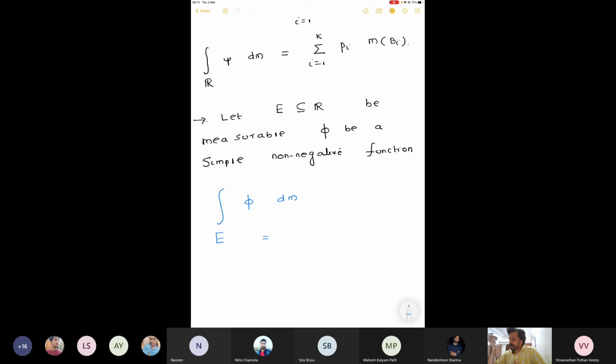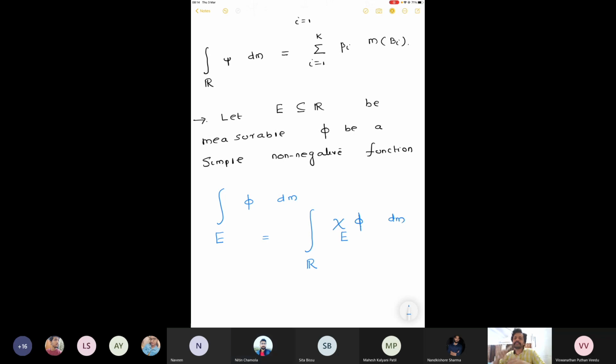To make this process simpler, instead of integrating phi, you can integrate the characteristic function on E times phi on R. The action of phi on E and the action of chi E phi on R would be the same, because chi E is switched on only on E. Are you with me?